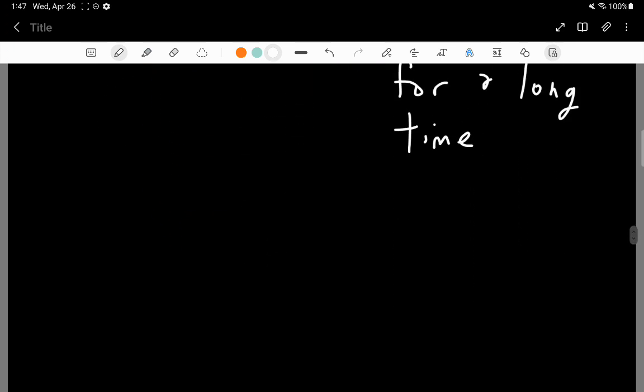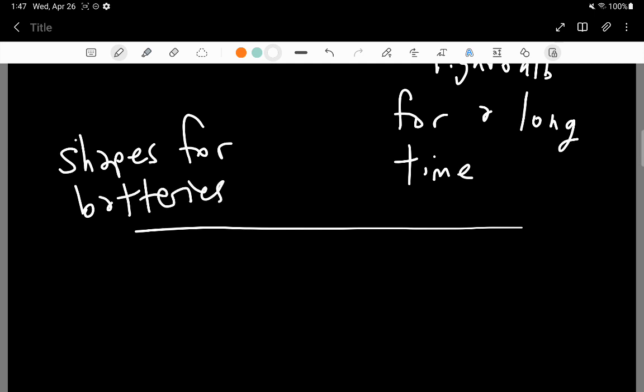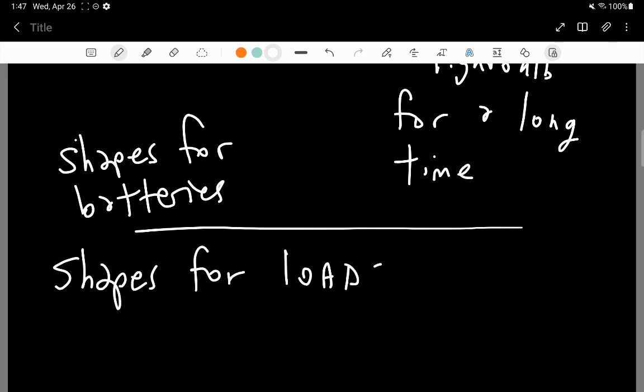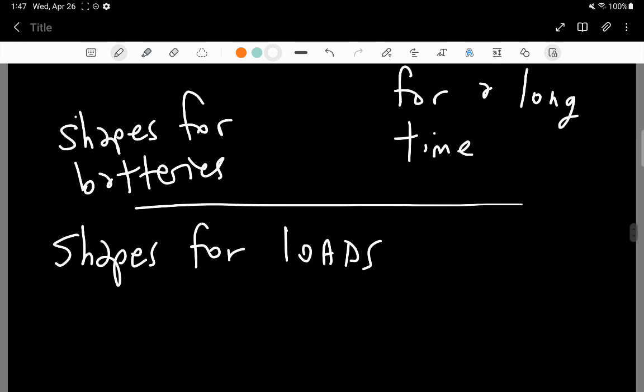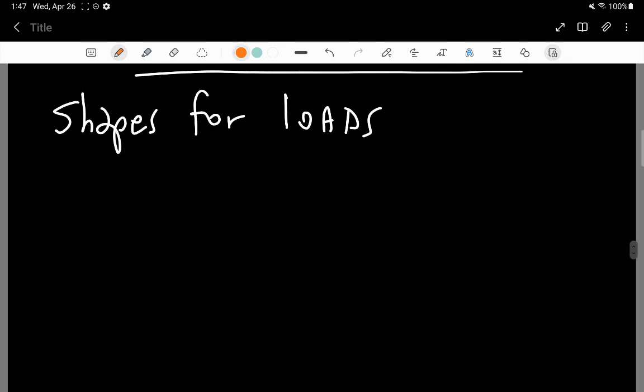Okay, so that was talking about circuit shapes for batteries. But what about shapes for loads, right, which are also called resistances? So let's take a battery and consider putting 2 light bulbs in series.